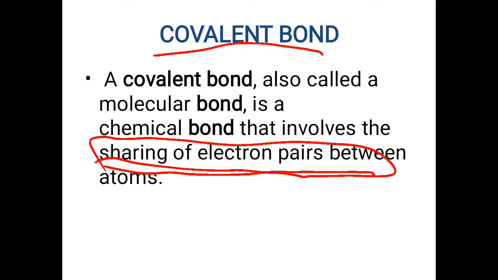And I explained you earlier why atoms make bonds. It's just due to gain of stability, and they get stability by completing their outermost configuration in terms of having 8 electrons in the outermost shell, which is also called octet.